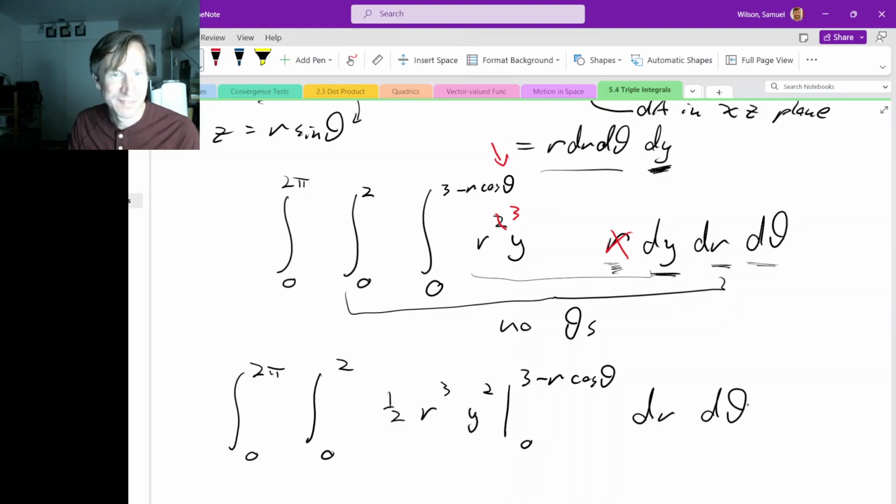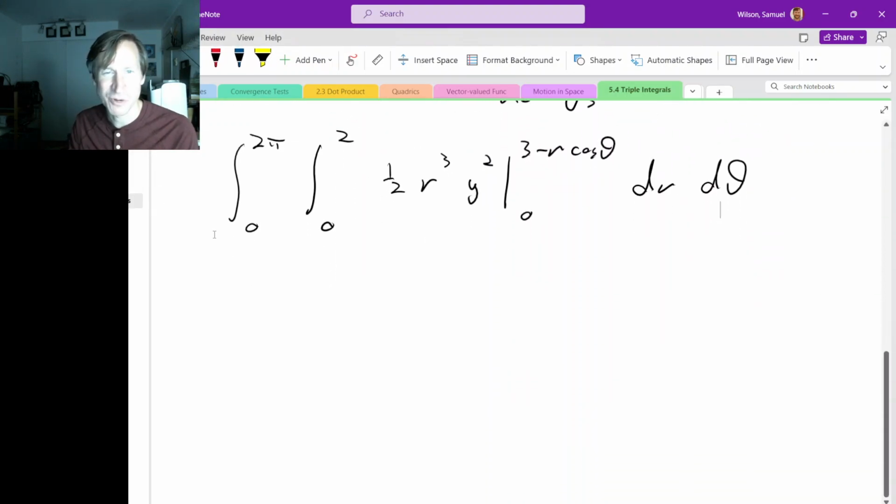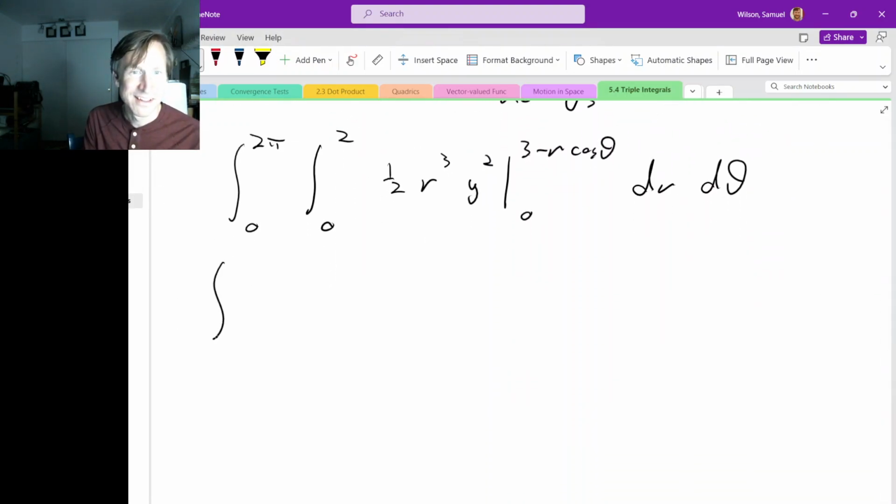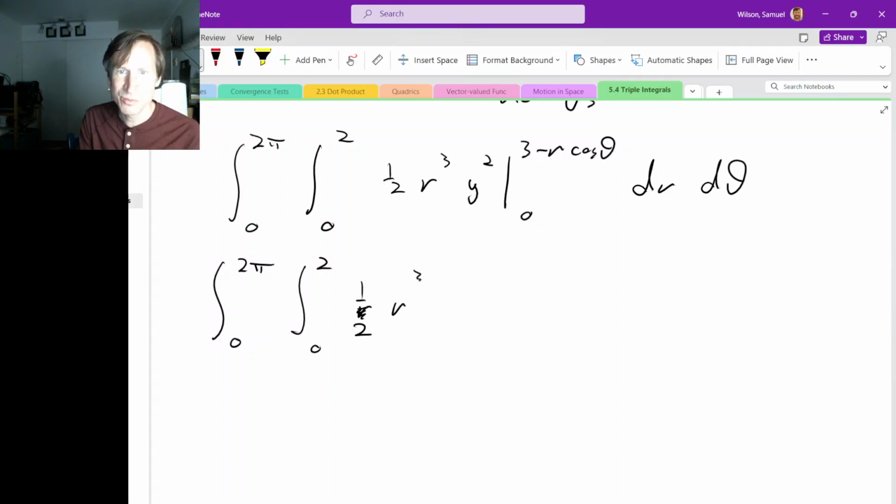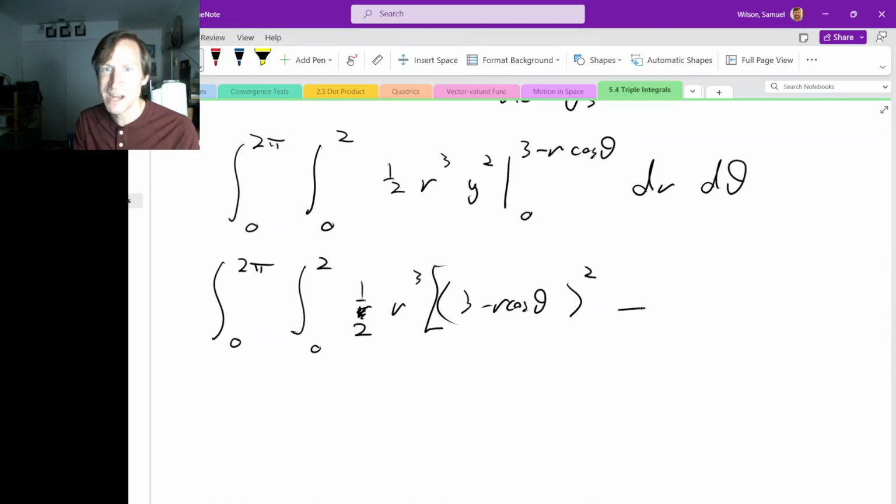Oh well, that's what we signed up for. That's what I signed you up for, I guess. Okay, integral from 0 to 2 pi, integral from 0 to 2, 1/2 r cubed times, so plug in our upper bound, 3 minus r cosine theta, that squared, minus, and then plug in our lower bound, 0 squared.